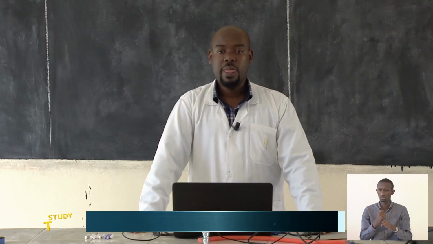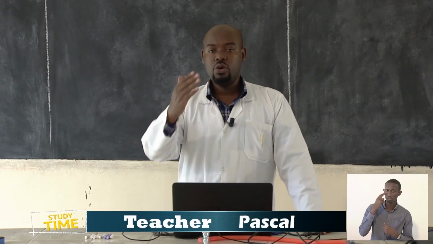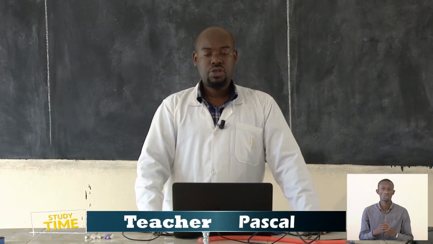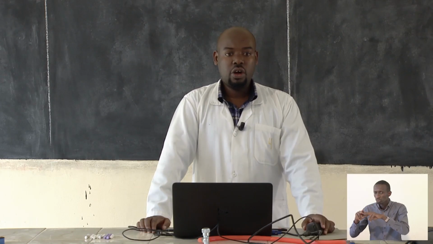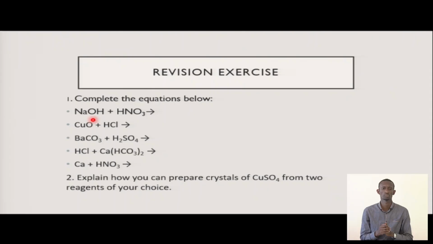So we are starting with a revision exercise, which goes back to the preparation of soluble salts. Revision exercise: complete the equations below. Sodium hydroxide reacting with nitric acid, copper oxide reacting with hydrochloric acid.